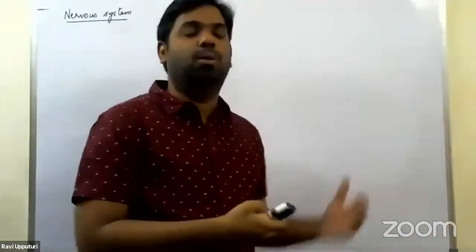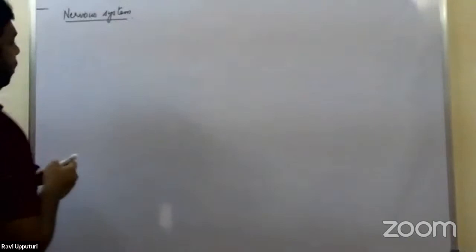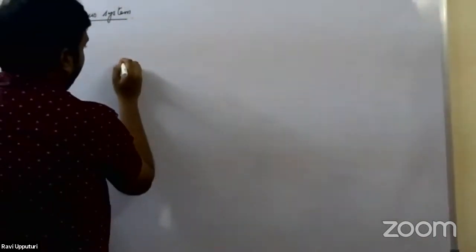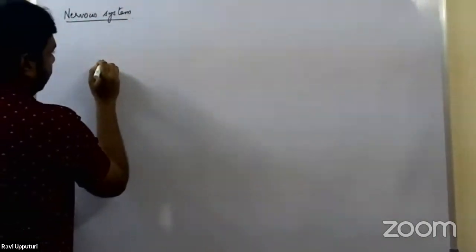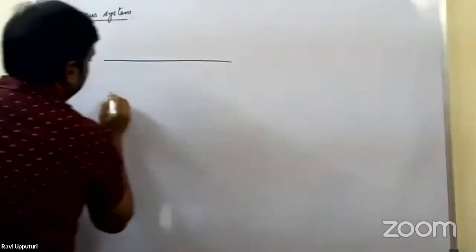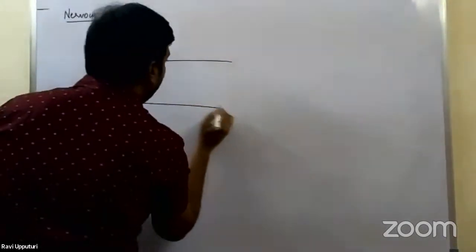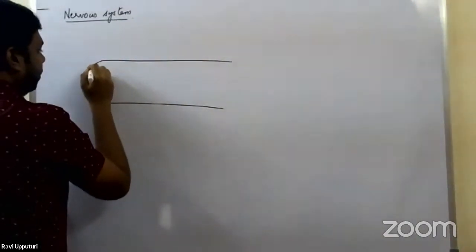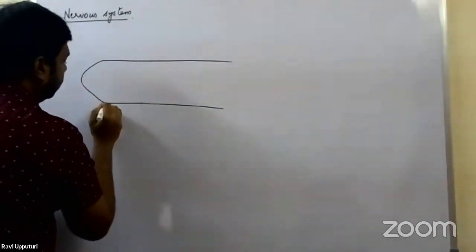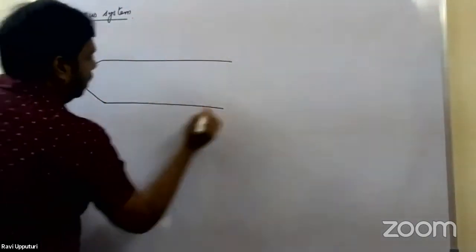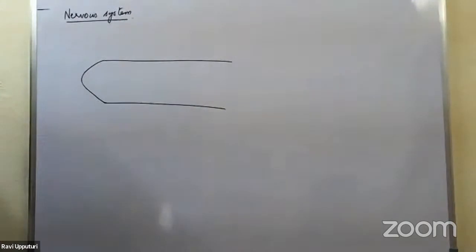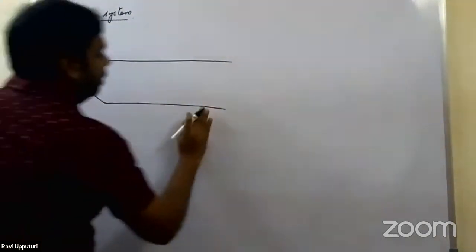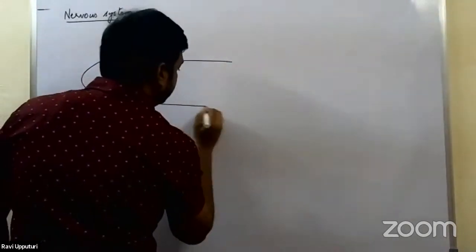So let us begin with the lateral view. This would be the organism when we view it from the lateral sides.